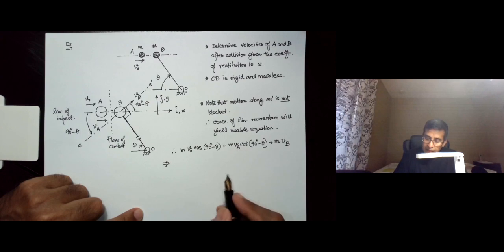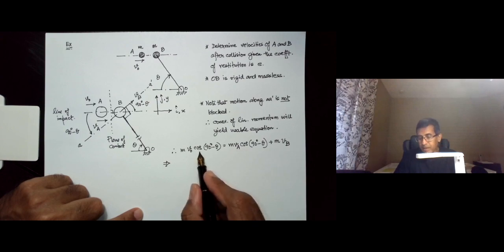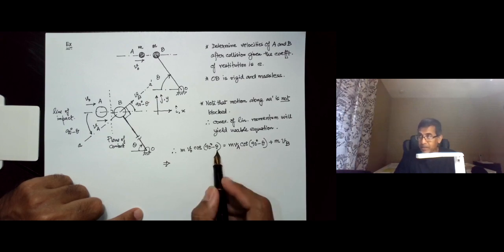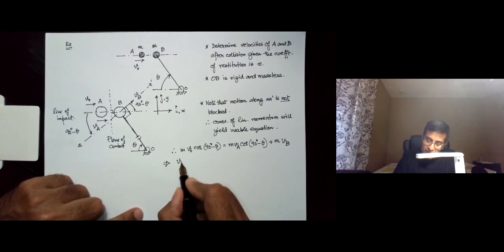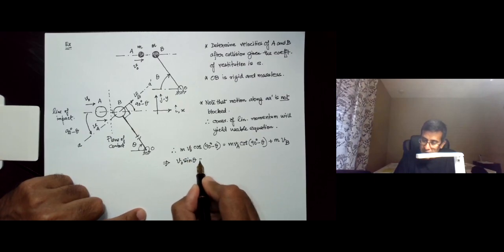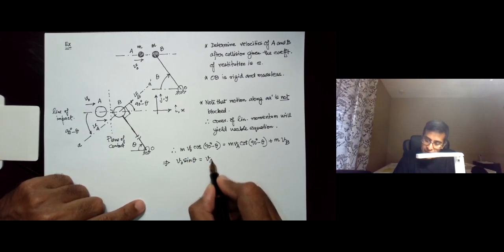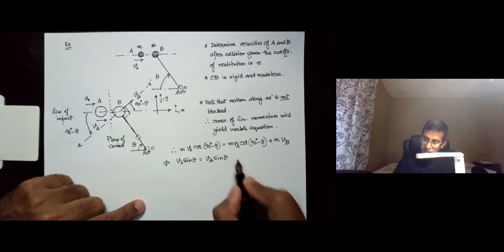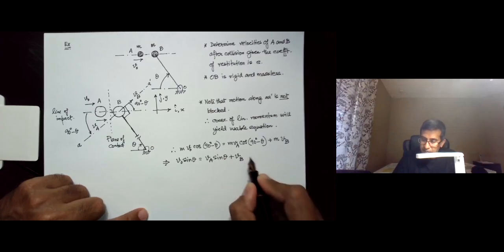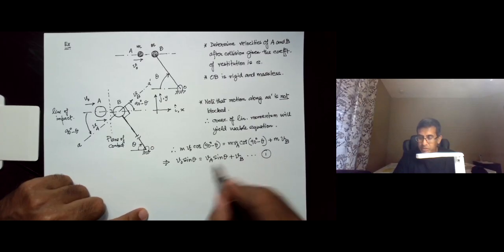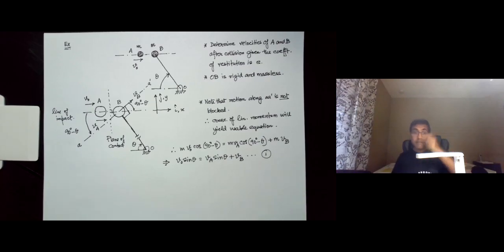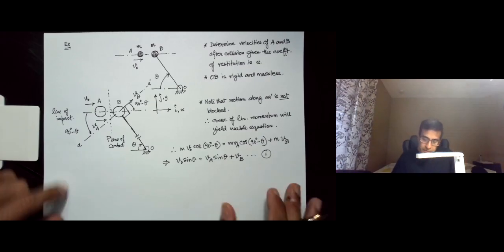So cancelling out the m's and substituting sine theta for cosine 90 minus theta, we have V naught sine theta is equal to Va sine theta plus Vb. Our goal is to find Va and Vb, and so we have one equation.